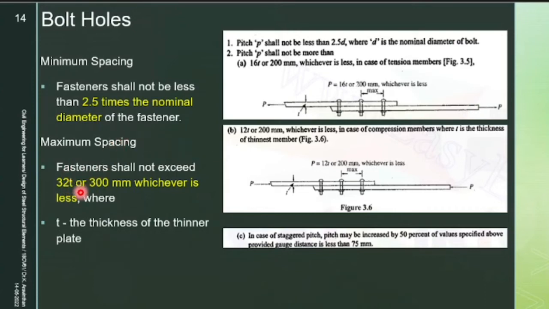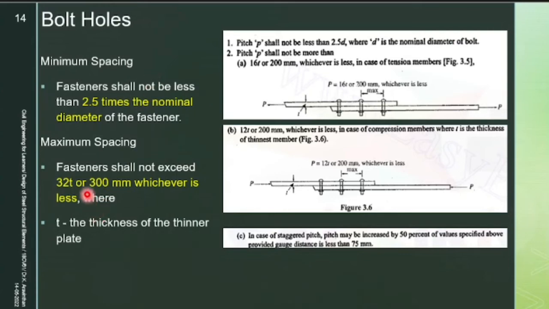You should not take the higher thickness. This is 32 T or 300 mm, whichever is lesser. If you want to provide any bolt, one and another, what is the maximum distance? One bolt and another bolt should not be more than 32 times the thickness, or maximum 300 mm, 1 feet.